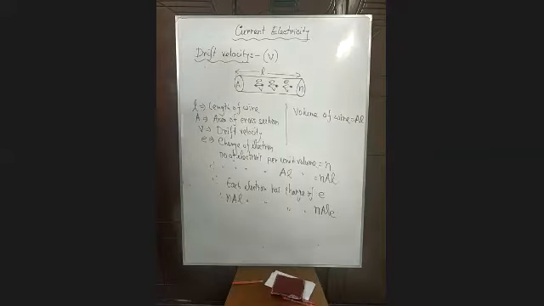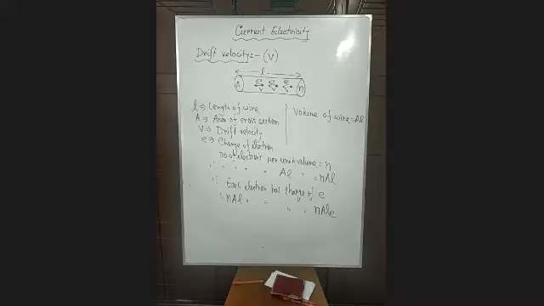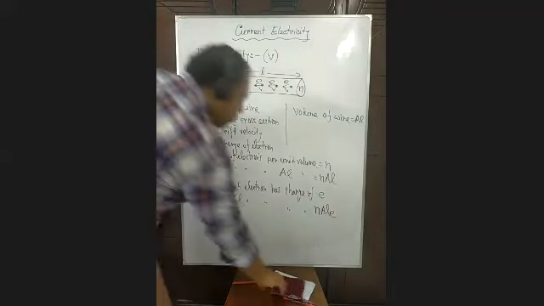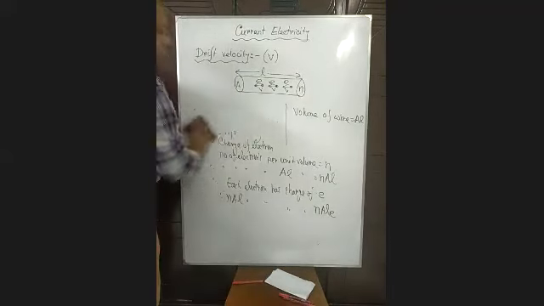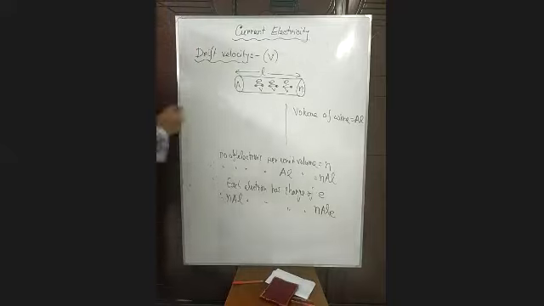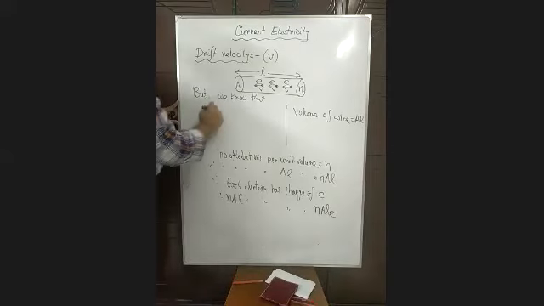Okay, but we are going for drift velocity, and we have the equation of total charge. So first, we know what current is, the first definition of this chapter. Current has the equation of Q by t.